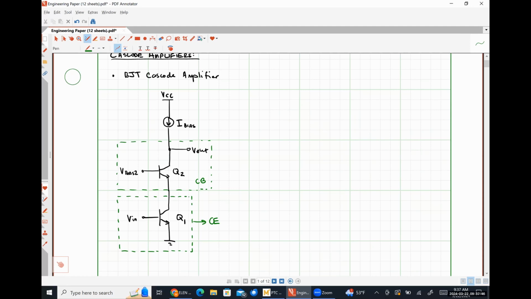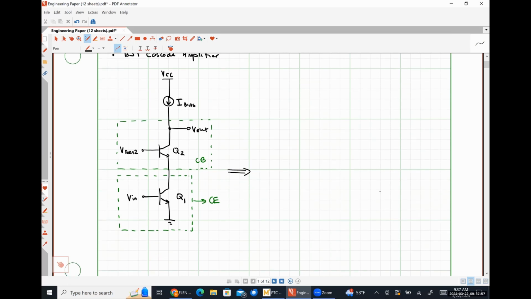For our small signal model, which we're going to be looking at in detail here, let's go ahead and draw that out. So I'm going to start with my common emitter stage down here on the bottom. So here I have my input voltage signal.